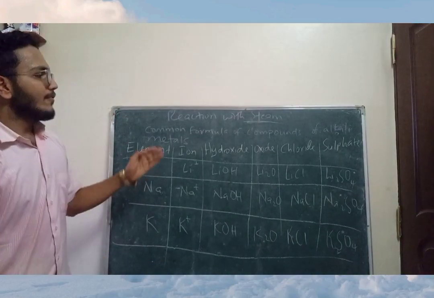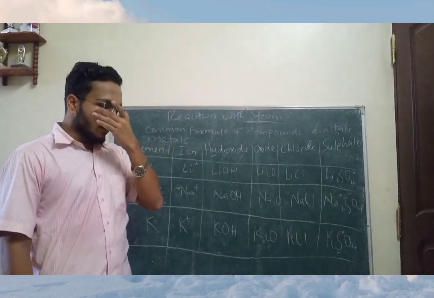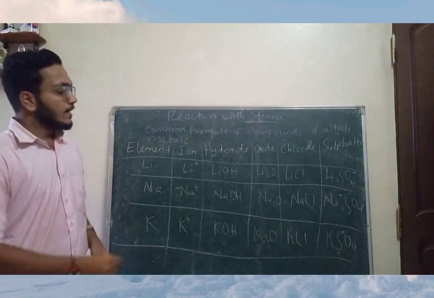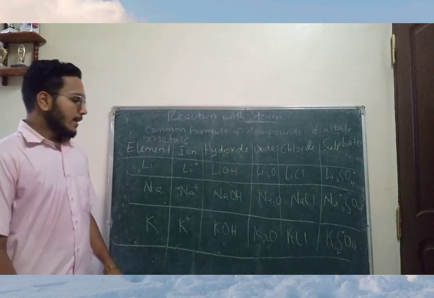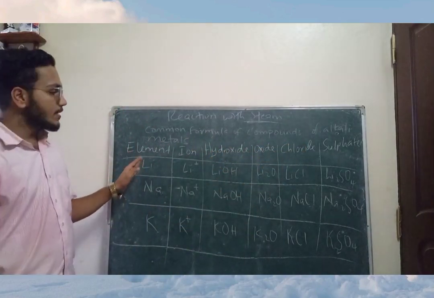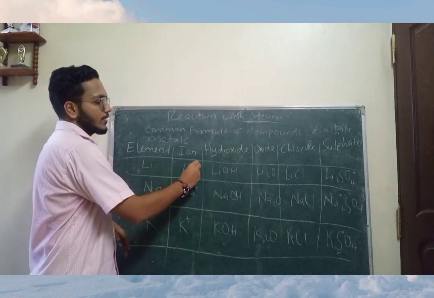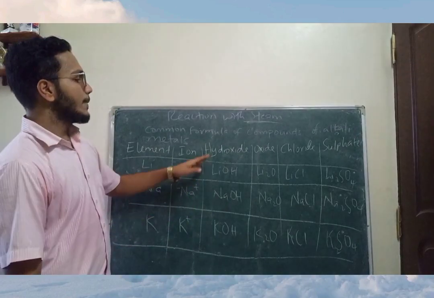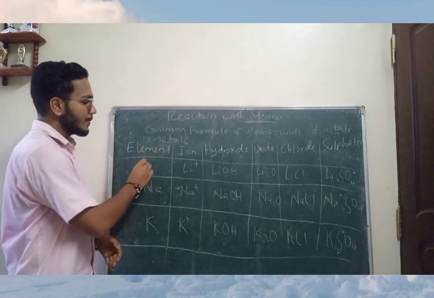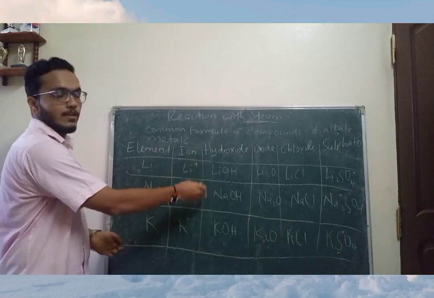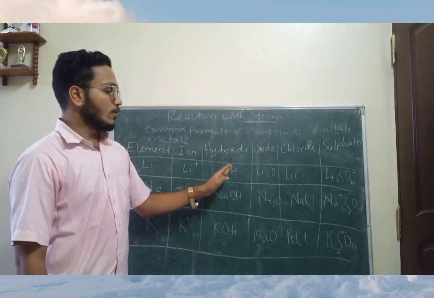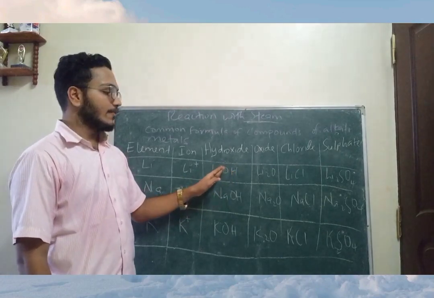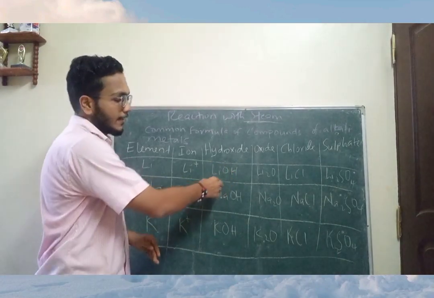So, common formulae of compounds of alkali metals. We have the elements, we have the ions, hydroxide, oxide, chloride, sulfate. Element number 1, lithium. Lithium ion is Li positive with a charge of positive 1. Lithium having valency 1 and hydroxide radical having valency 1 combine to form lithium hydroxide.